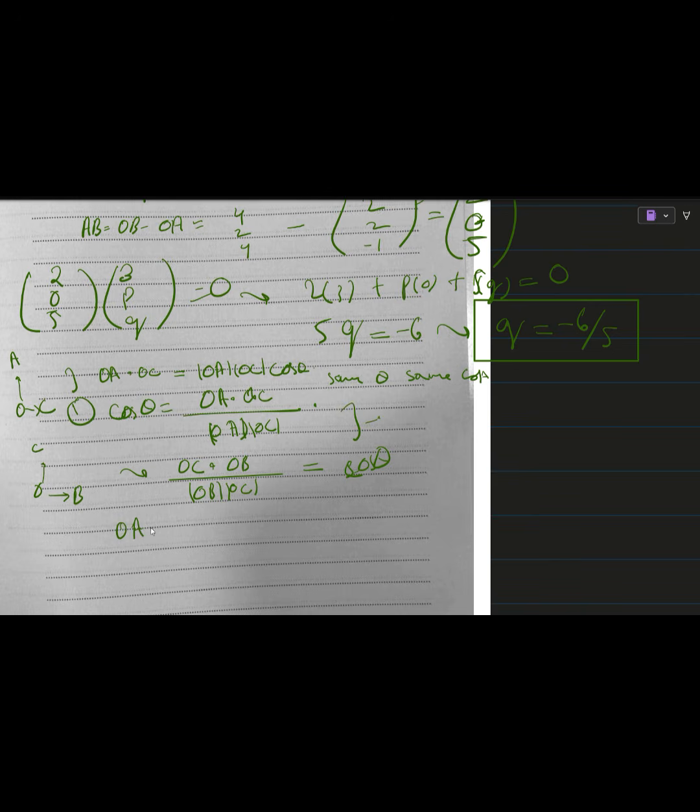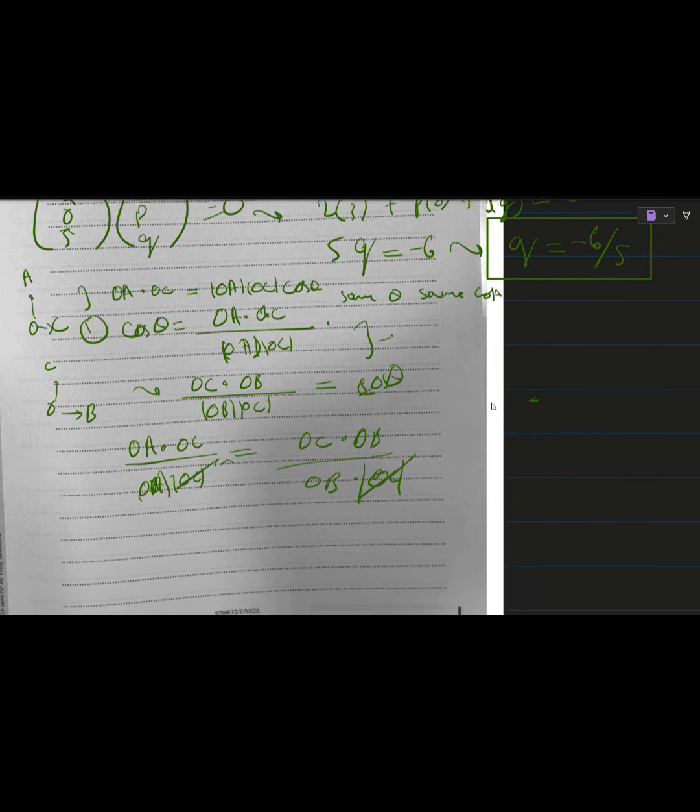So the scalar product of OA and OC divided by the magnitudes of OA and OC is equal to the scalar product of OC and OB divided by the magnitudes of OB and OC. The magnitude of OC is the same on both sides, so we can cancel it.